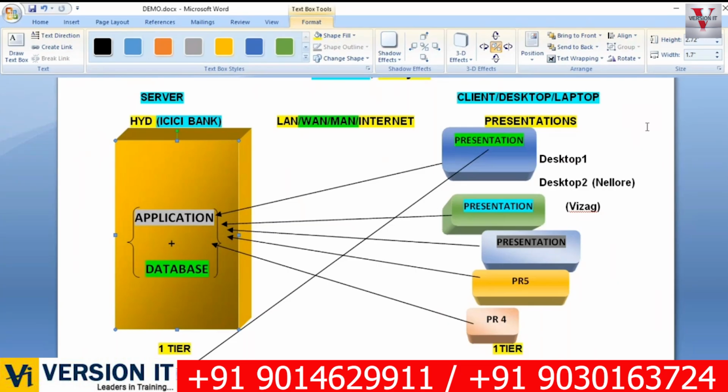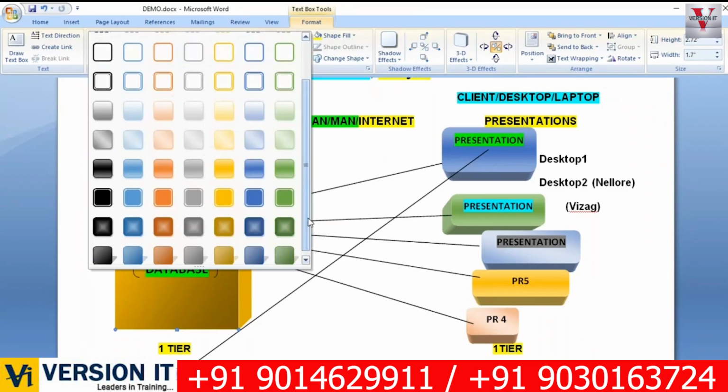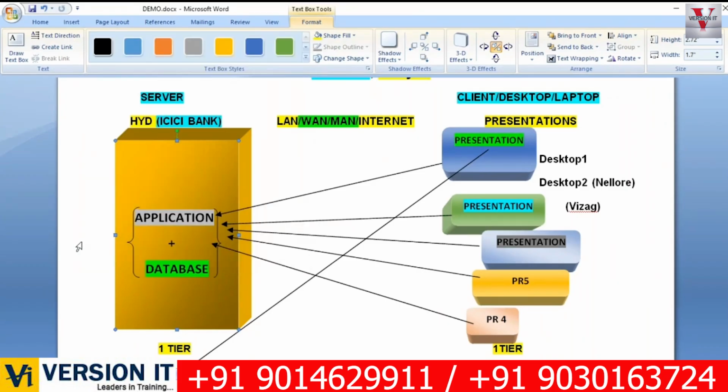So now one branch, two branches, three branches, 100 branches are now connected to the server. What would happen when 100 branches are connected to the server? There should be something called the capacity of this software application, which is deployed on this hardware. This can handle, suppose, 100 presentations happily, right?